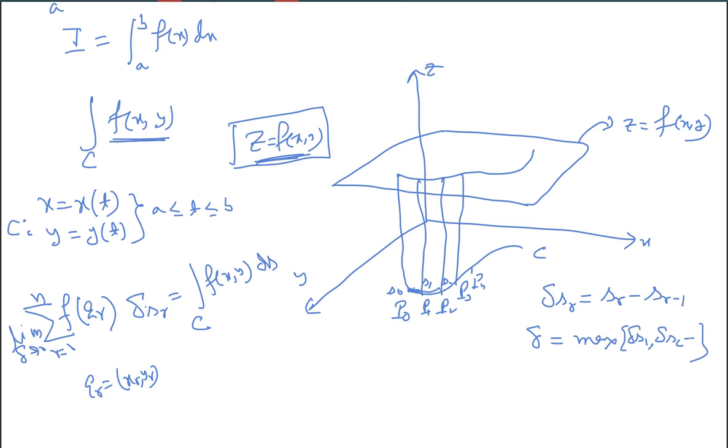Now you see, if you project this curve on the x-axis, then by means of this integration over C of f of x y ds, it means the area of this surface. The area of this surface is represented by this line integration.